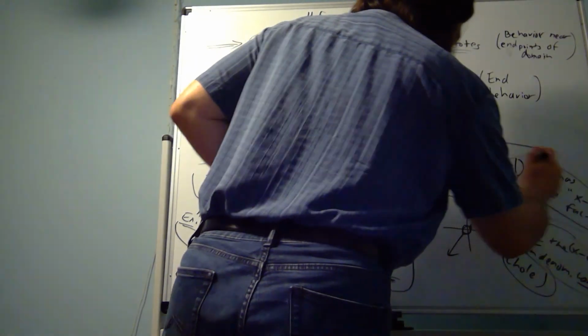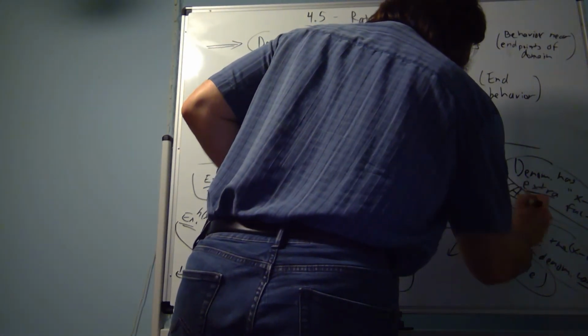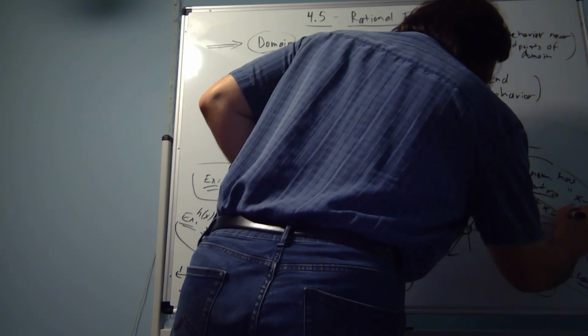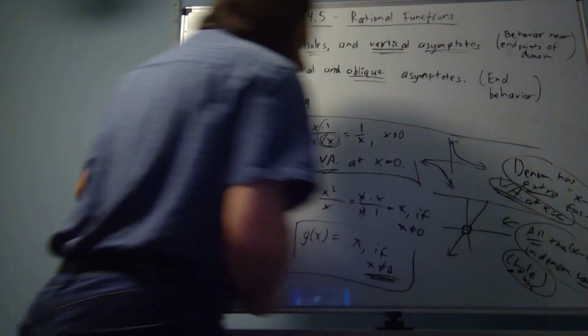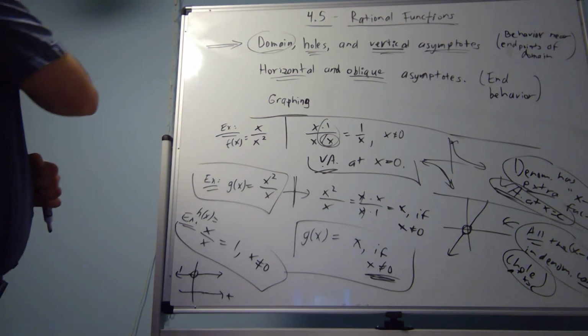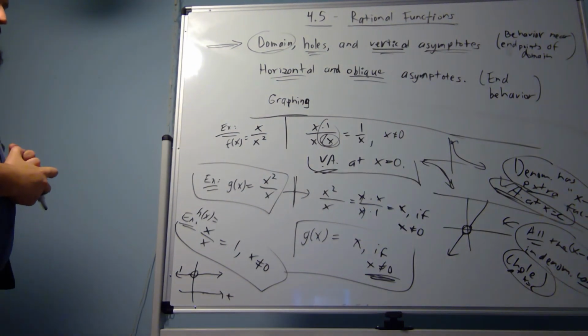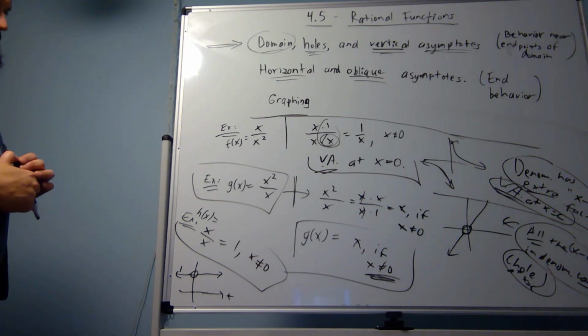But if the denominator has an extra factor of x minus c that doesn't cancel, and the leftover numerator is some non-zero value when you plug in the x's, that's a vertical asymptote.